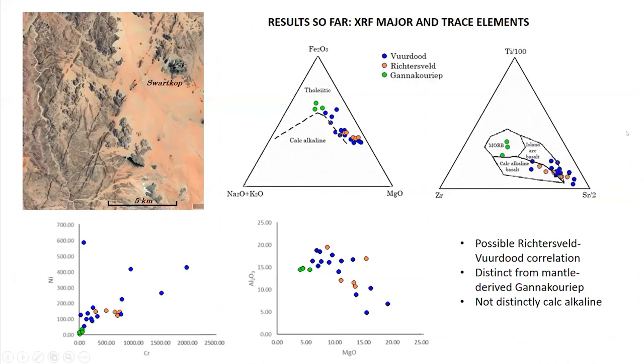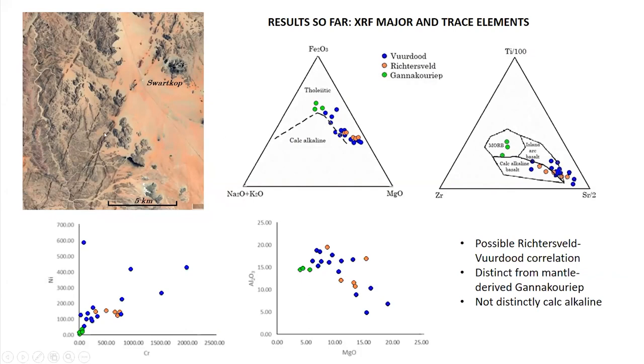I have obtained XRF analysis, like I said, so I've just plotted them here on some selected diagrams. Two of them are tectonic discrimination diagrams. What I've plotted here is the Fieldwood subsuite samples from the Richtersveld bodies, just to see if they correlate geochemically. And then I've also plotted data for the Ganakurib dike suite.